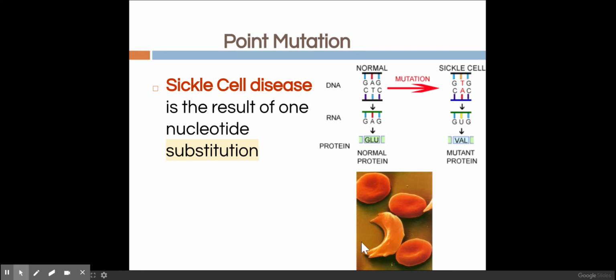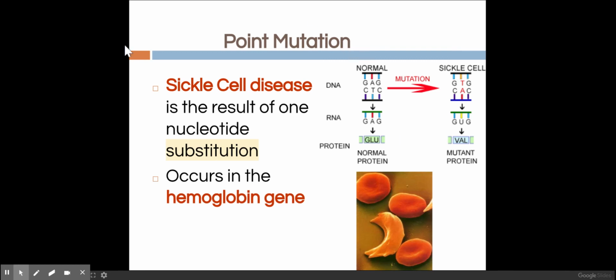And as you can imagine, these are floating around in your body. They get caught on things, and so there's a lot of complications that can occur. They're also not very good at carrying oxygen if they have this mutation. So this is one of those that's just a substitution. You switch one base for another, and you end up with a huge impact on the individual.